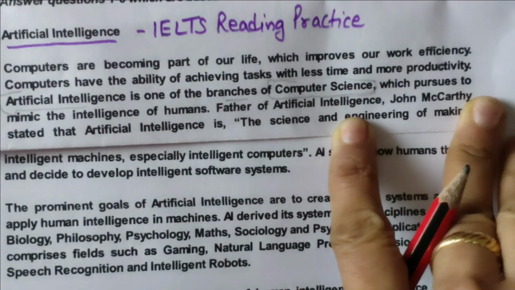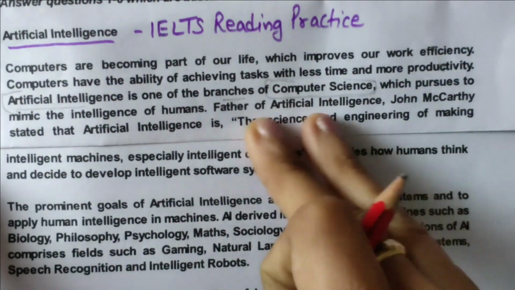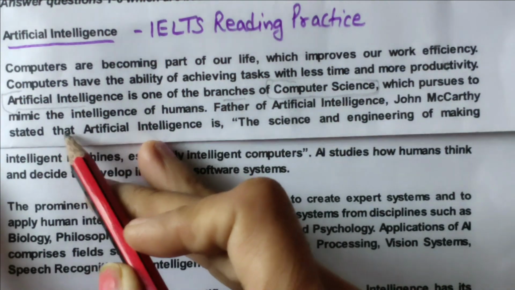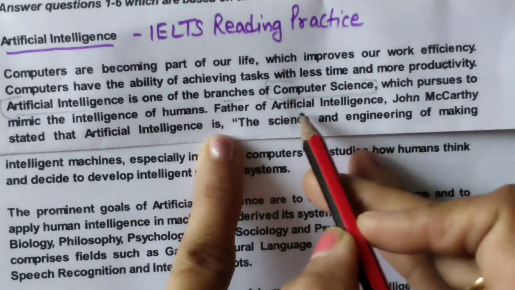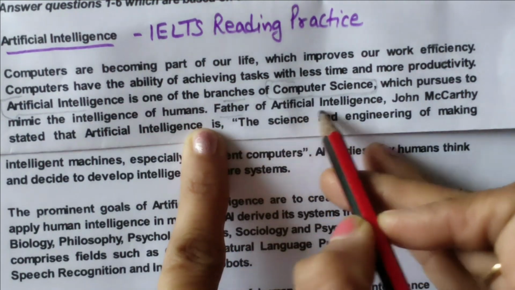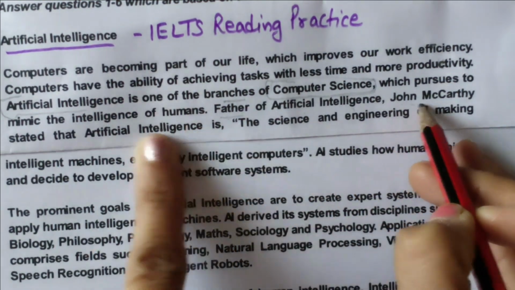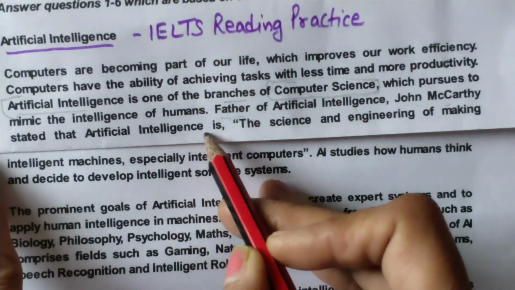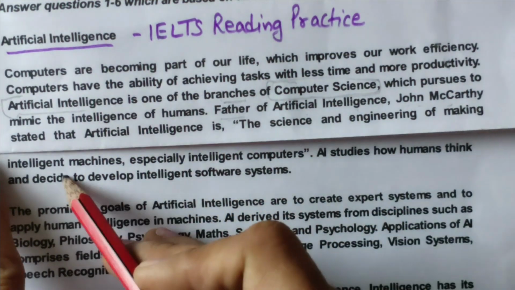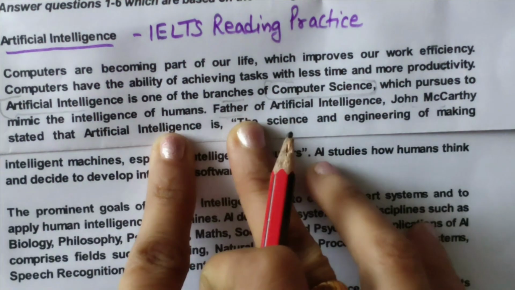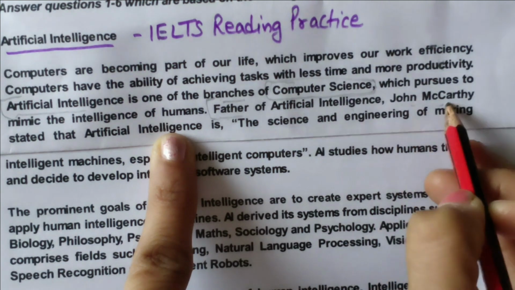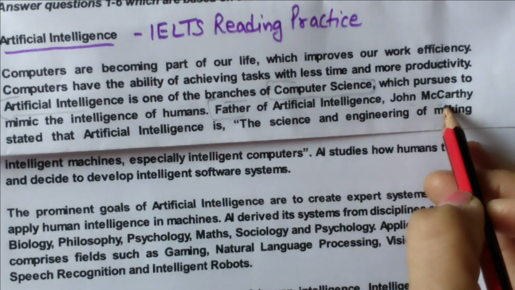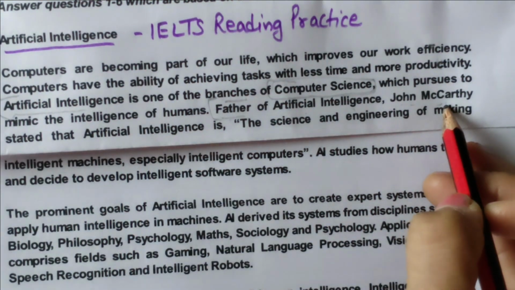See this next line: father of artificial intelligence, John McCarthy stated that artificial intelligence is the science and engineering of making intelligent machines. So we have got the exact location, father of artificial intelligence, John McCarthy. So it means the answer is true.